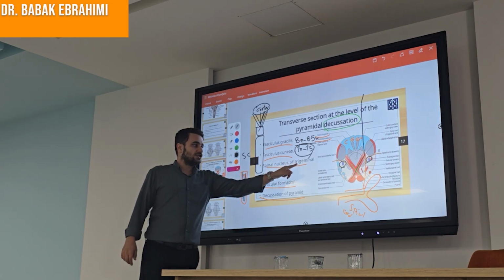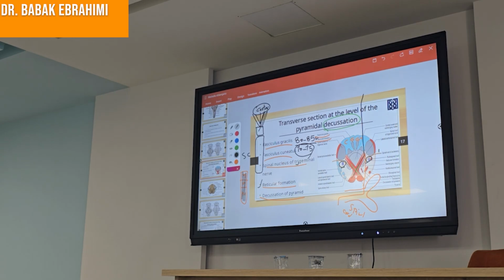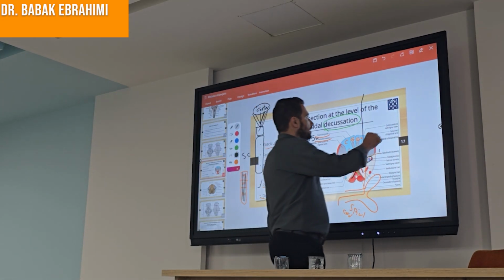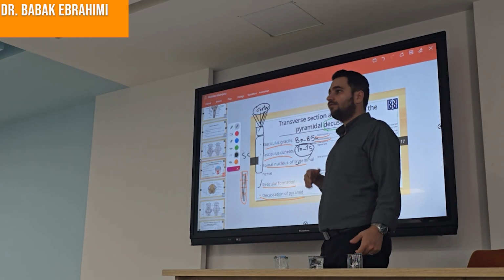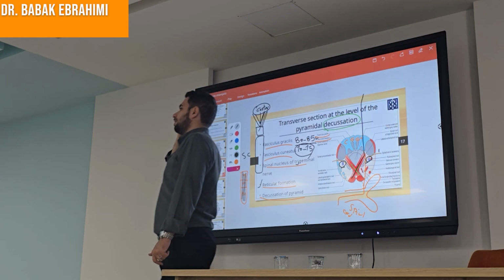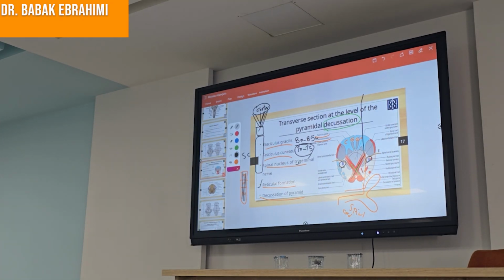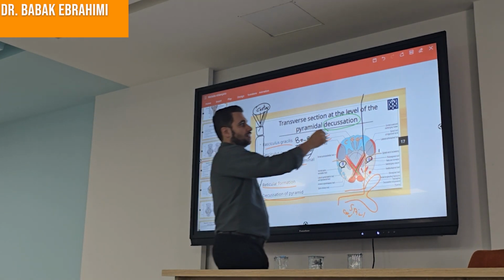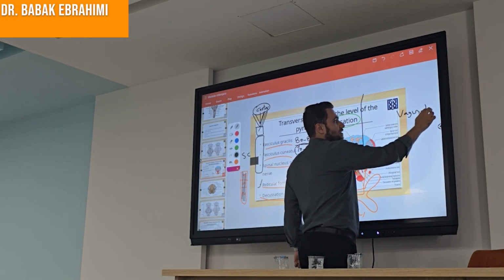What about the trigeminal nerve, number 5? Okay, the trigeminal nerve is number 5 of the cranial nerves. I told you, which cranial nerve is the longest? Vagus. Why is it long? Because it emerges from the brain, passes through the thorax, goes to the abdomen, and makes the parasympathetic innervation of the abdomen and thorax. Okay, the vagus is the longest nerve.